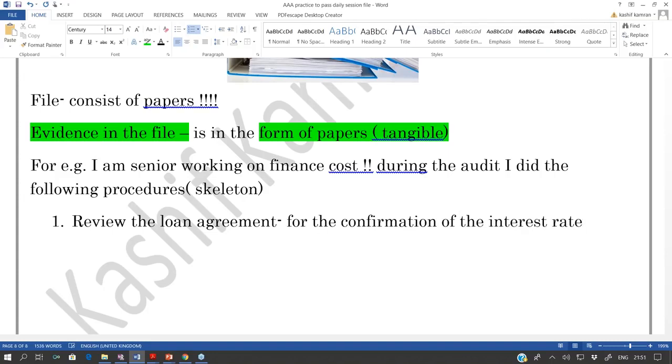So I should know the finance cost. I should know the interest rate, for the confirmation of the interest rate, etc. Skeleton procedure. I must have recalculated the finance cost.